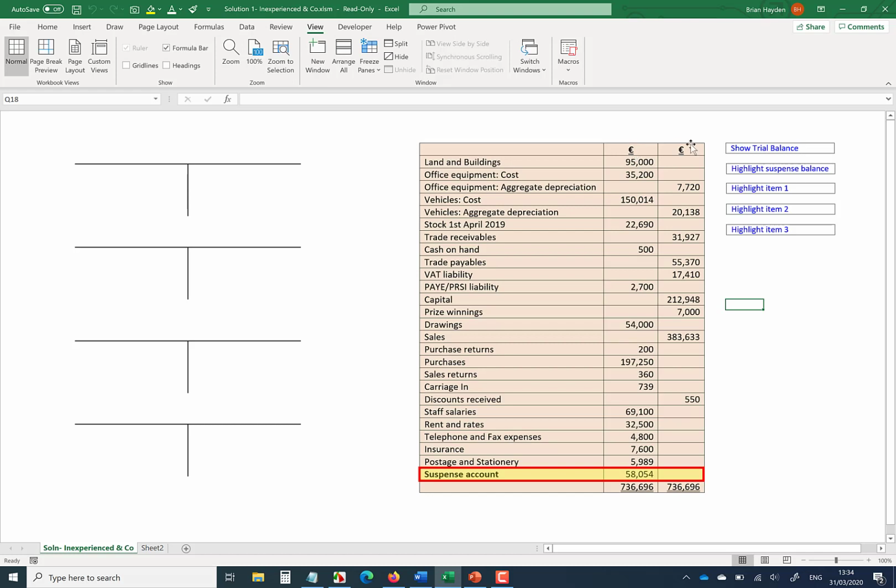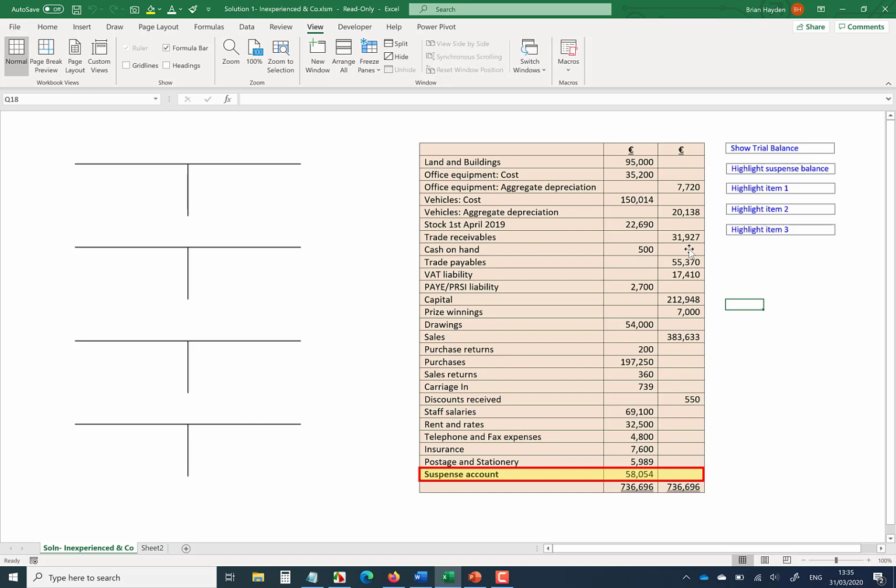So this is the debit column, this is the credit column, and remember, DEAD CLIC, debit side for expenses, assets and drawings. So everything that's in this column should be an expense, an asset or a drawings item. And CLIC, credit for liabilities, income and capital. So everything that's in this column should be either liabilities, income or capital.